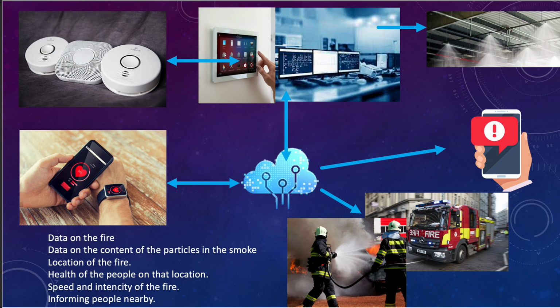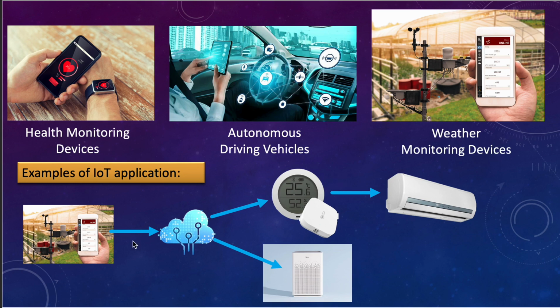So if you take the thermostat IoT in a smart home or a smart building, the temperature control will be done automatically without human interaction. So this is also M2M. These machines will talk to each other.